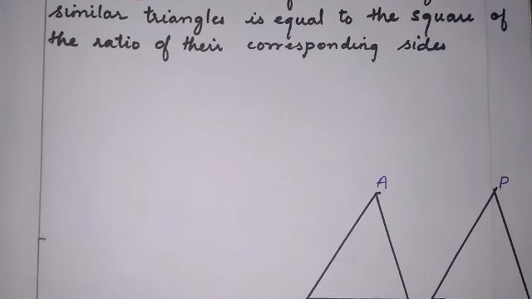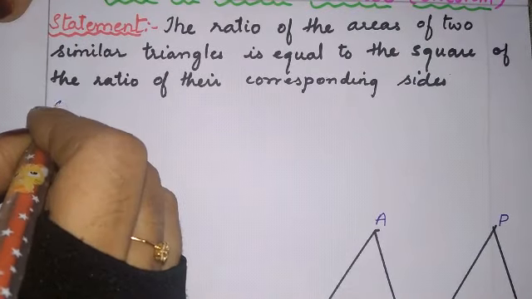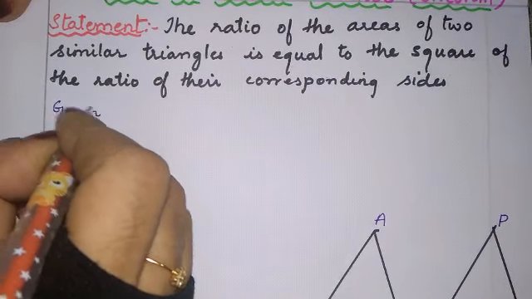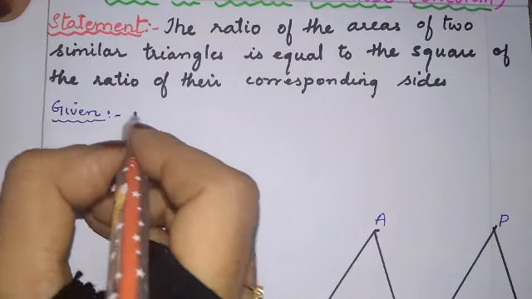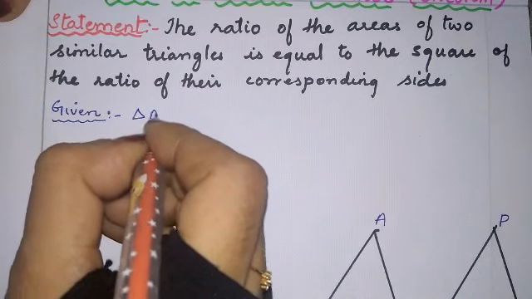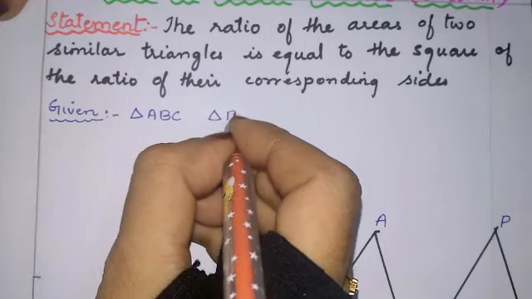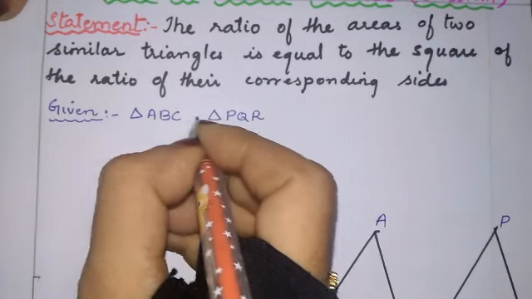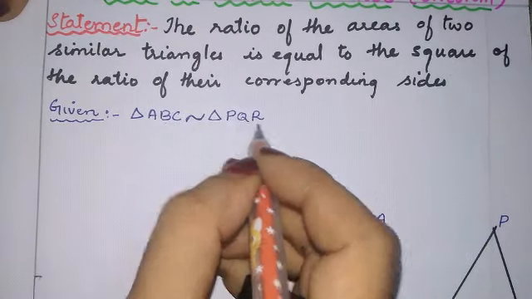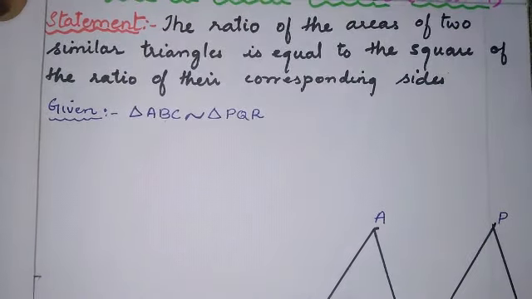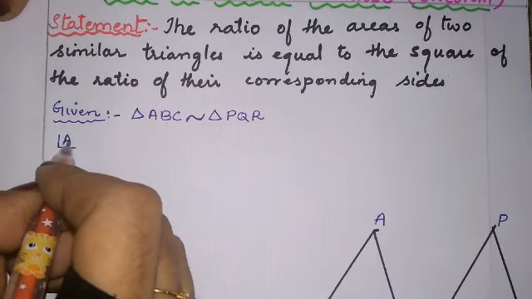First, let us write what is given. That is important. We have taken two triangles, triangle ABC and triangle PQR. In the question they have told us both are similar. Triangle ABC is similar to triangle PQR. If two triangles are similar, then their corresponding angles are equal.